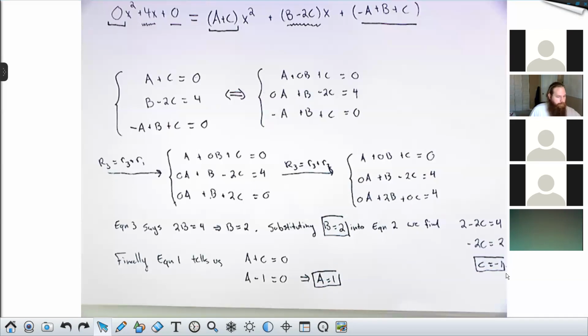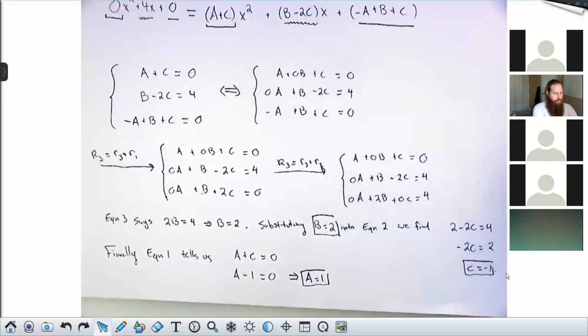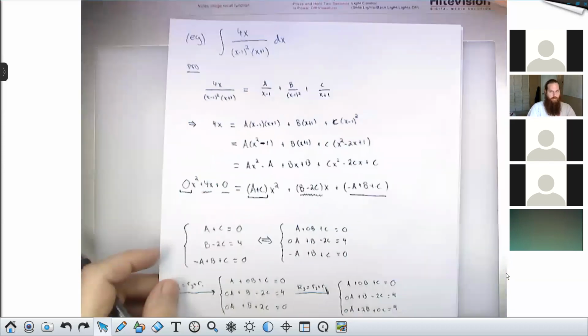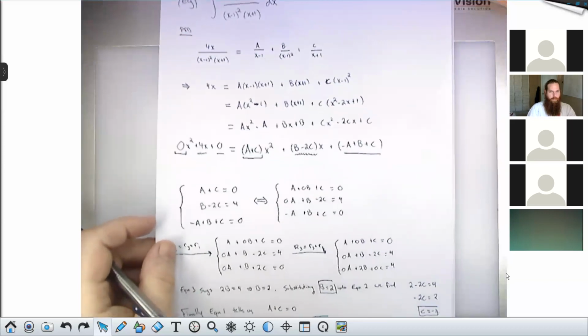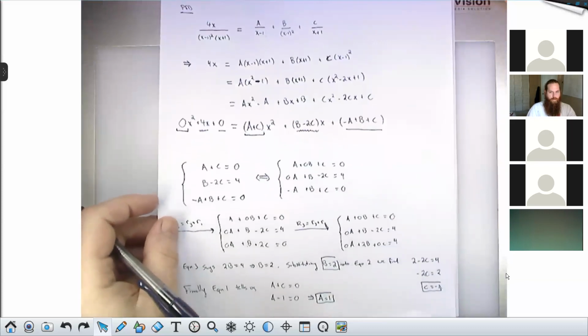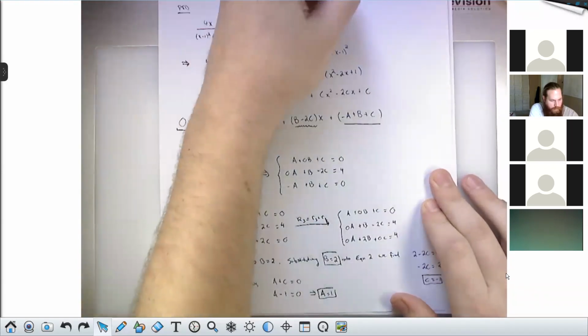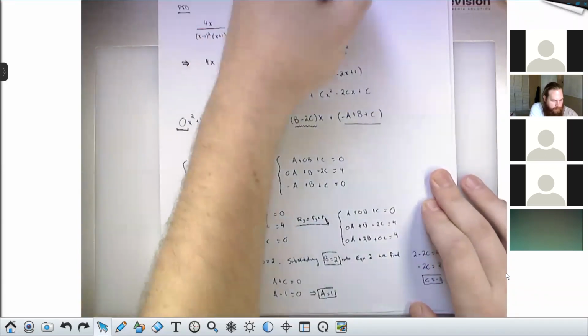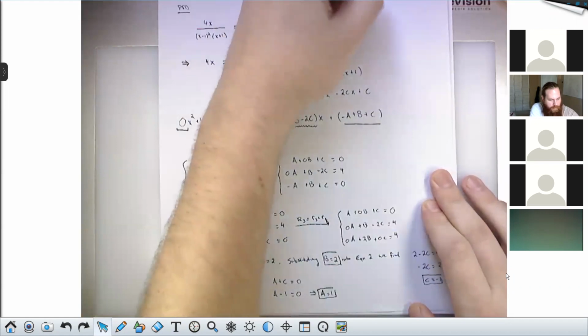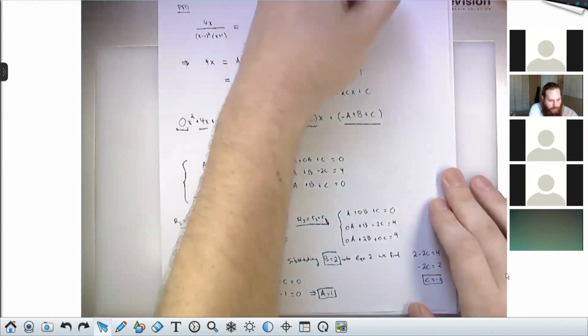So here's where we are. a is 1, b is 2, and c is negative 1.